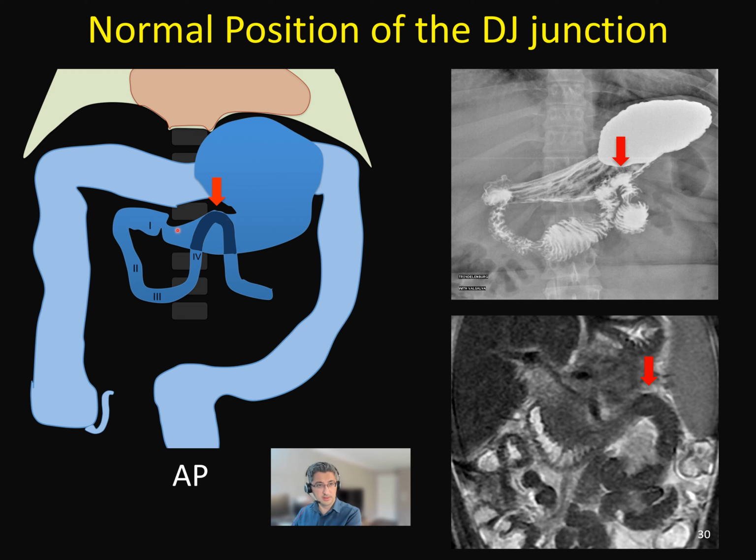This is another illustration. D1, D2, D3, and D4. The DJ junction is at the level of the pylorus or above and left to the vertebral pedicles. That's a normal position. And it doesn't have to be the upper GI study. You can see the DJ position in a CT or MRI study, as you can see here.